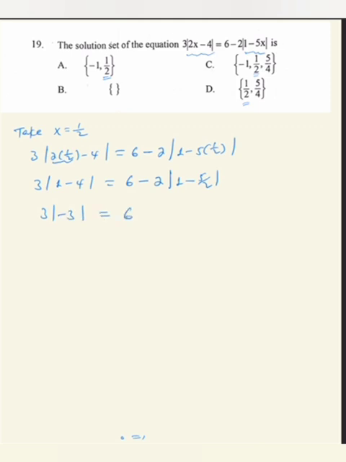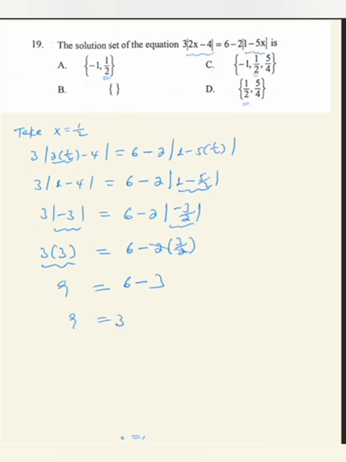On the right side 6 minus 2 times, here ማለት minus 3 over 2 ነው. Okay, ማንኛውም ቁጥር ከአብሶሉት ቫልዩ ሲወጣ ፖዚቲቭ ስለሚሆን ይሄ ምን ይሆናል? 3 times 3 ይሆናል. On the right side ምን ይኖረናል? 6 minus 2 times absolute value of negative 3 over 2 ማለት 3 over 2 ነው. On the left side 9 ያለን, on the right side ግን 6 minus 3 ነው ያለን. 9 is the same as 3 እንደማለት ነው. x is equal to 1 over 2 equation ውስጥ ስናስገባ ትሩ አይደለም.